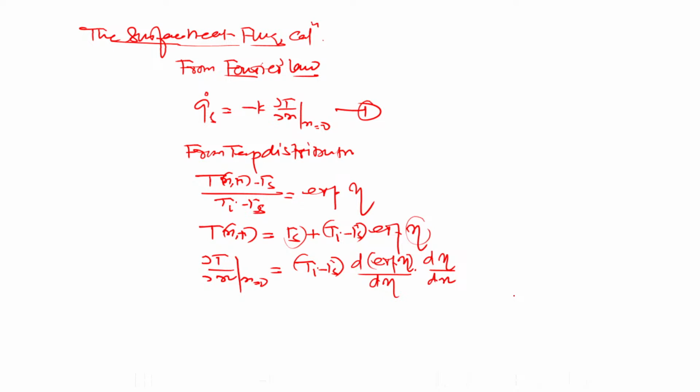Can I write that? And this we must calculate at eta equal to 0, because x equal to 0 means eta will also be 0. Please tell me, am I right? Because eta is a function of x. So can I write, yes or no, d error function eta over d eta into d eta by dx.